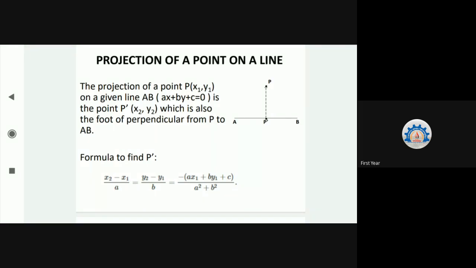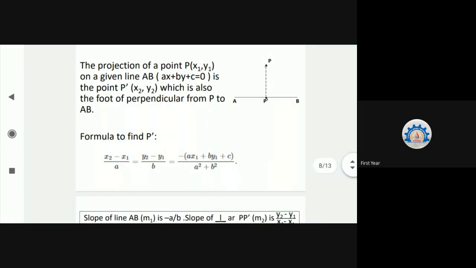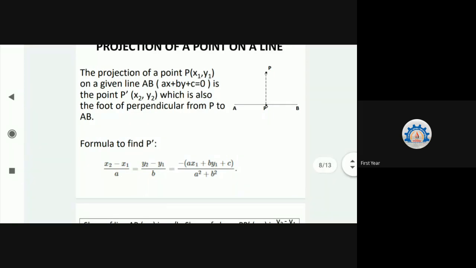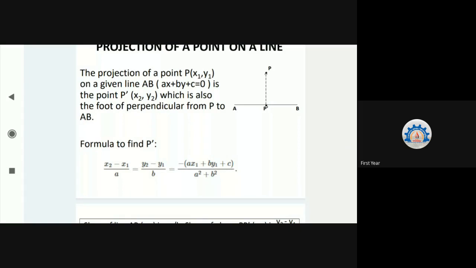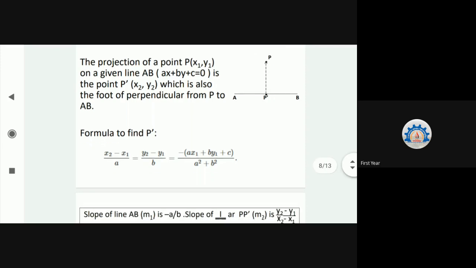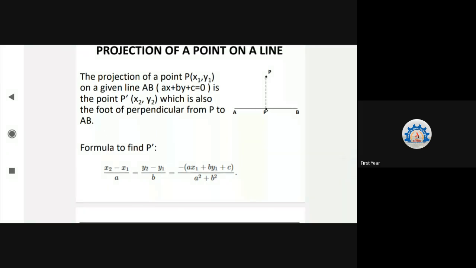Here is an important note: projection of a point is always taken along an imaginary orthogonal line drawn to the line from point P. The formula to find P dash in 2D is x2 minus x1 upon a is equal to y2 minus y1 upon b is equal to minus of ax1 plus by1 plus c upon a square plus b square, which we have also seen in class 12.